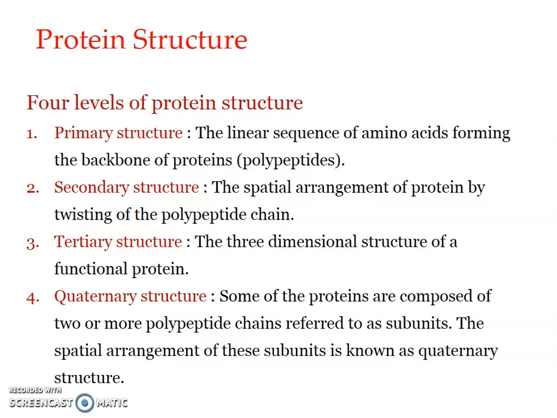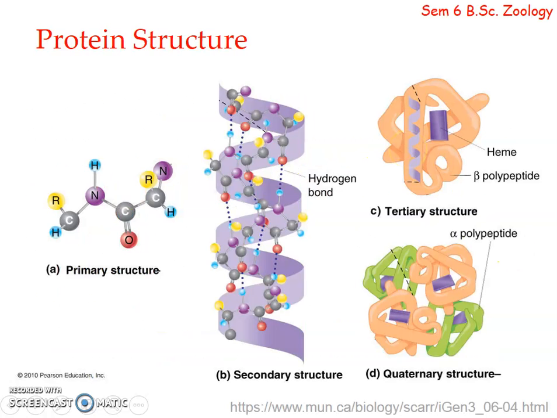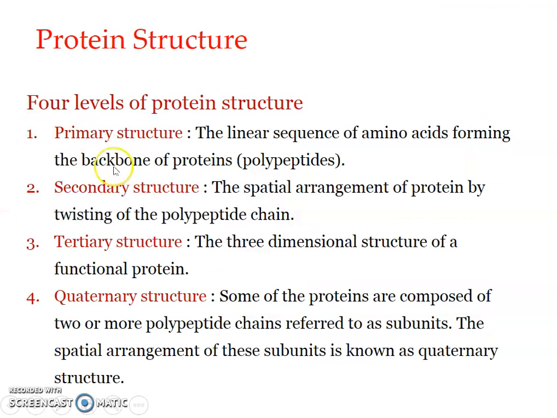That is the primary structure, wherein the amino acids form a linear sequence, just one after the other. The amino acids are bonded by peptide bonds, and it forms a linear sequence, and that forms the primary structure, right?